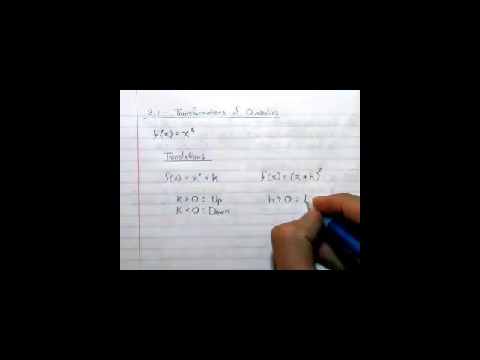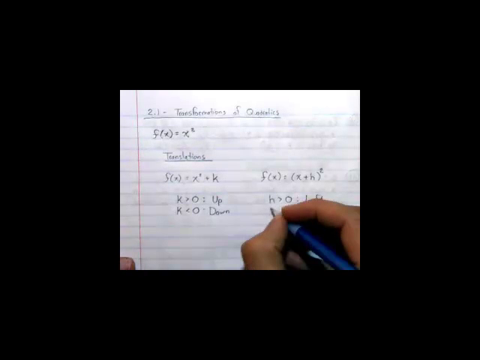It's not up and down. It's going to be left. Okay, so remember, horizontal stuff is always the opposite of what you expect, right? We talked about that before. So if it's going to be greater than 0, that means it's going to be plus some number, which actually means you're going to the left. And if it is less than 0, that means it's minus some number, and it actually goes to the right.